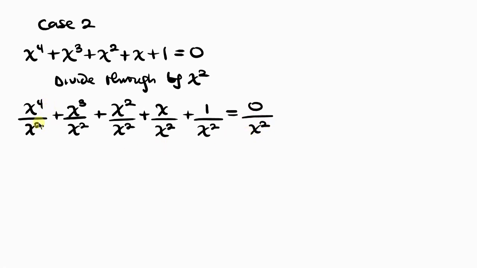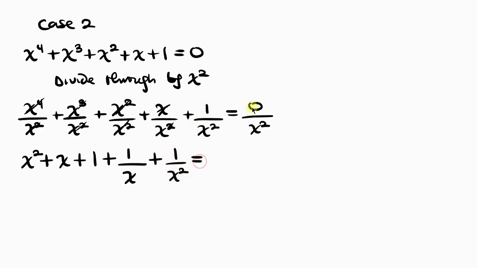Now notice x to the 4th divided by x squared, I'm going to be having x squared plus x cubed divided by x squared, I'm going to be having x plus x squared divided by x squared, I'm going to be having 1 plus, now x divided by x squared, I'm going to be having 1 all over x plus 1 all over x squared to be equal to 0 divided by x squared, which is 0.